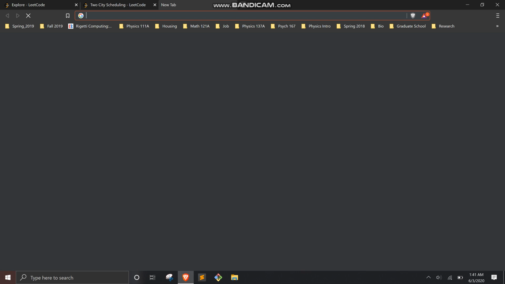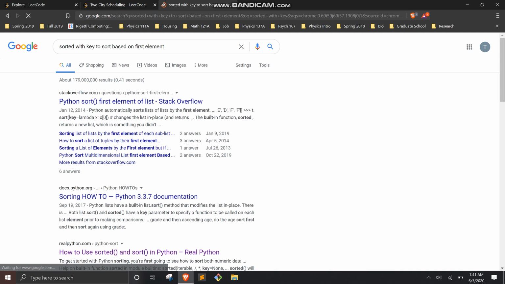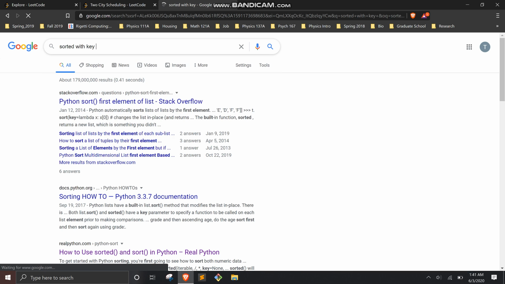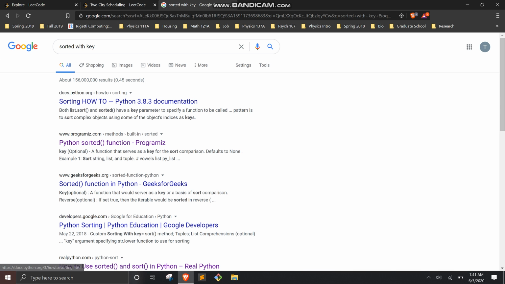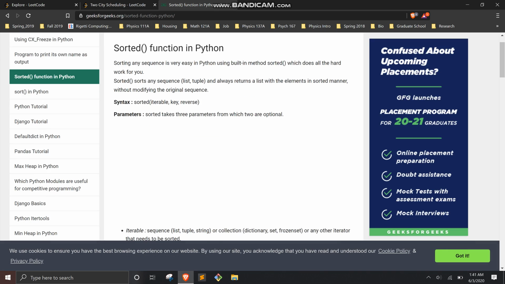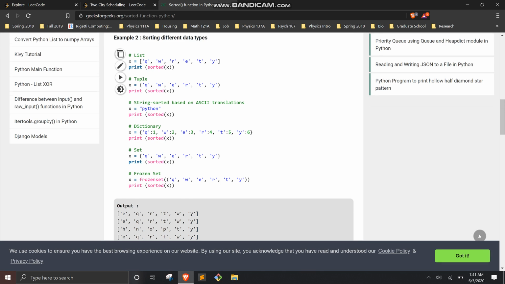Let's Google search something. Sorted with key. I don't know if these will explain it. Okay, so you have sorted. Yes, the key is optional, I know that.